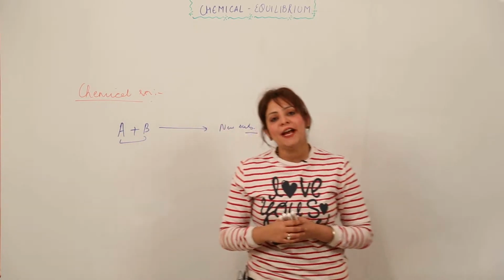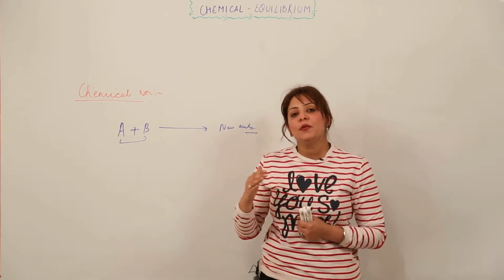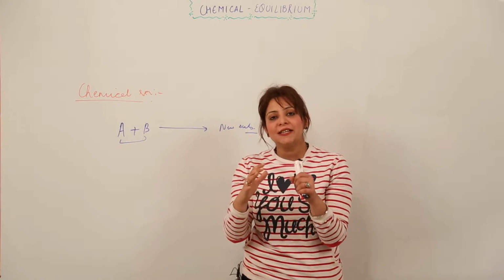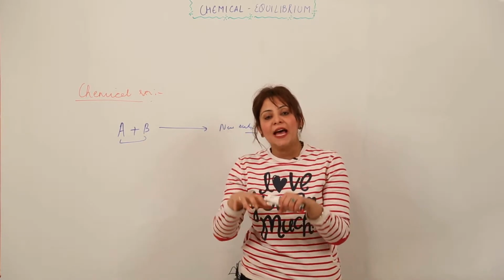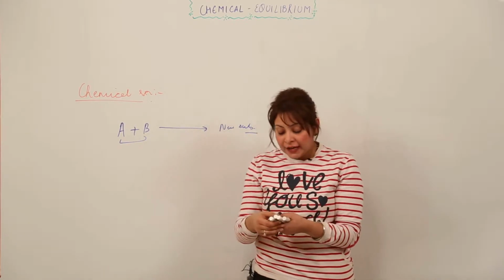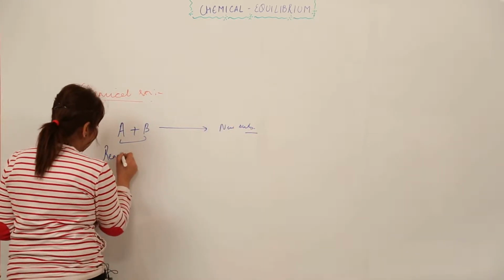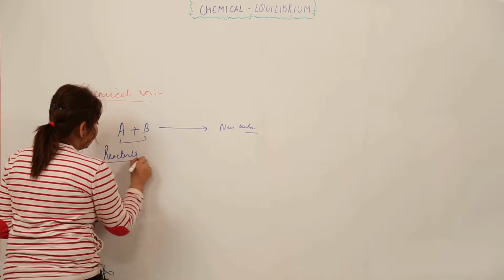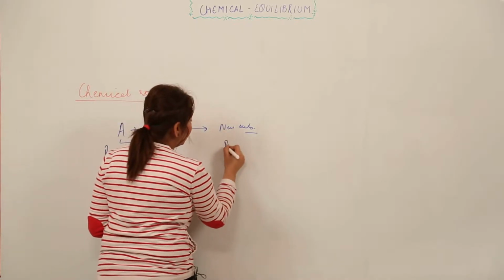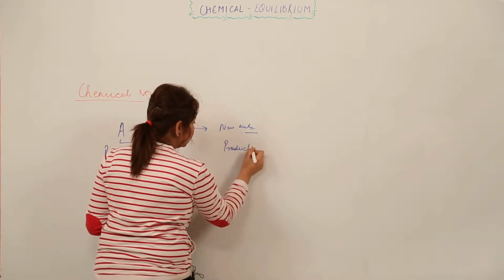Again, I am repeating the reaction for you. It is a process in which substances react to form some new substance. The substances which we take are called the reactants, and the new ones which are formed are called the products.